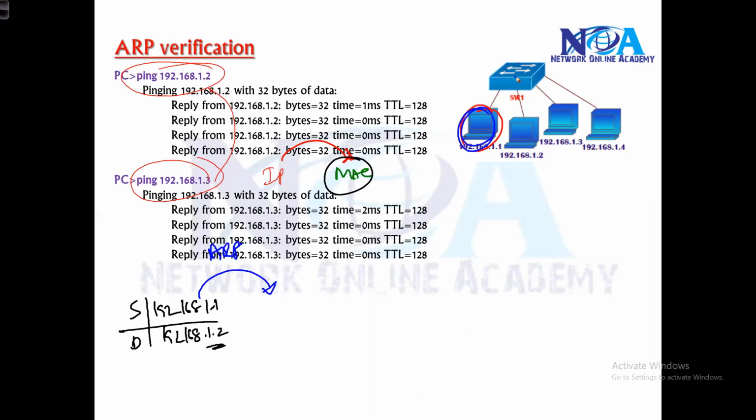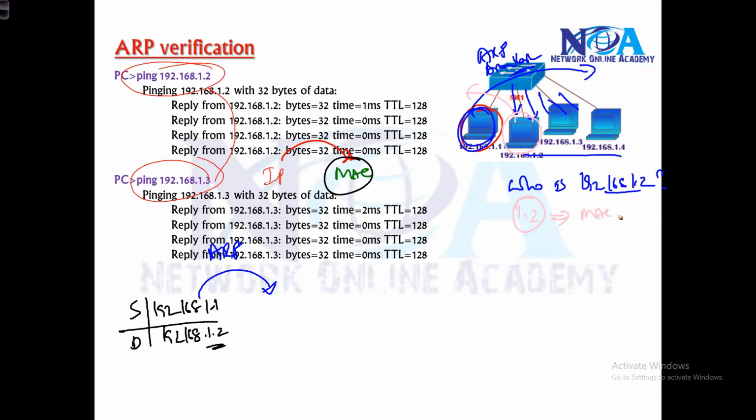Now this PC is going to send out an ARP broadcast, a broadcast message requesting who is 192.168.1.2. So it sends that ARP broadcast, and 1.2 is going to reply back saying, I'm 1.2 and this is my MAC address. Let's say MAC 2.